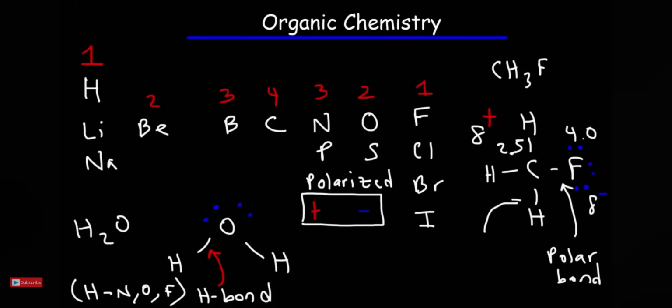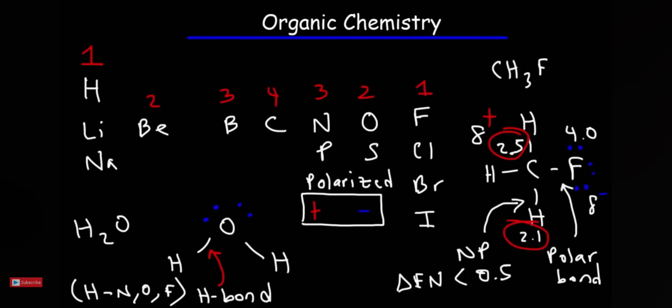Now, the carbon-hydrogen bond is a nonpolar bond. The reason is that the electronegativity difference between carbon and hydrogen is less than 0.5. Carbon, we said, has an electronegativity value of 2.5. Hydrogen is 2.1. So the difference between the two is 0.4.